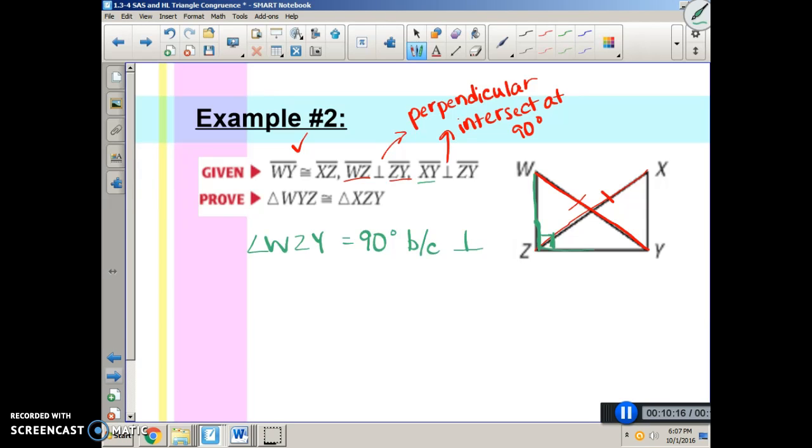And then it tells me XZ and ZY cross at 90. So they're a right angle as well. So angle XYZ is 90 because it's perpendicular. Well, if they're both 90, duh, they equal each other. So let's say that they're equal.